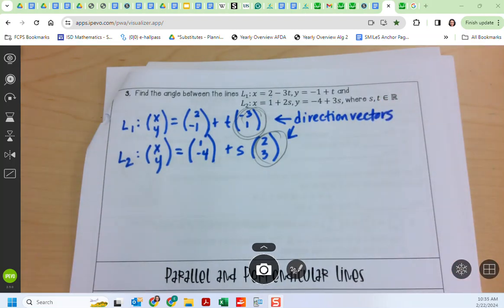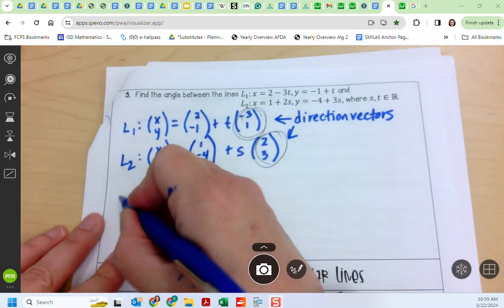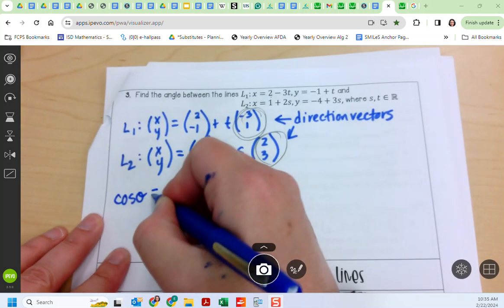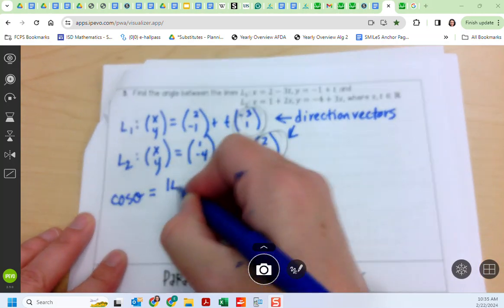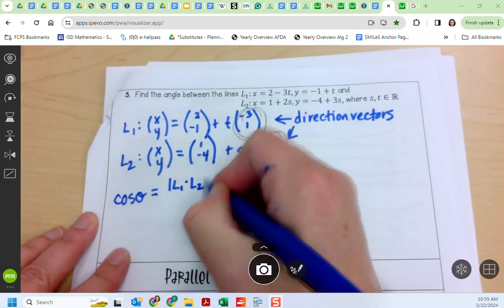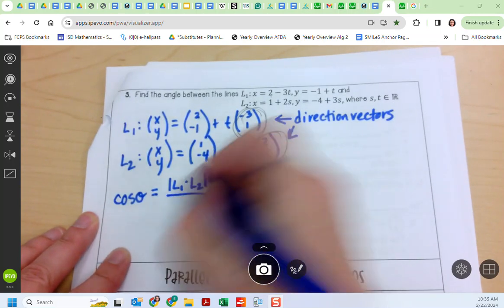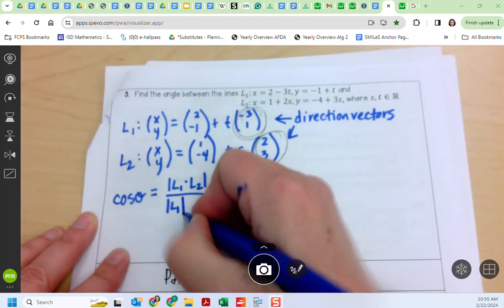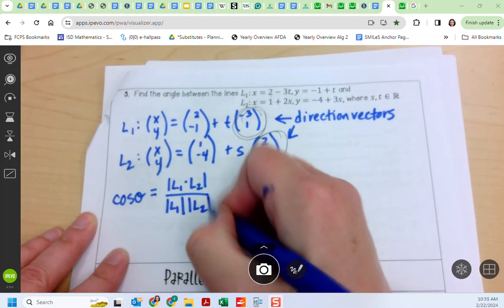So when we do the cosine formula, you're going to be using those two vectors to do your dot product and your magnitudes. So the formula is cosine theta is equal to the absolute value of the dot product of L1 and L2 over the magnitude of L1 times the magnitude of L2.